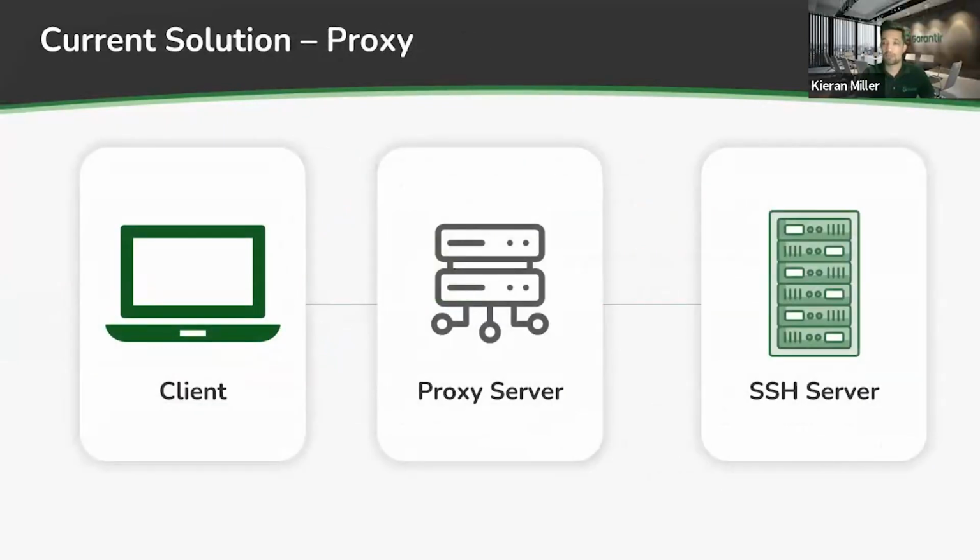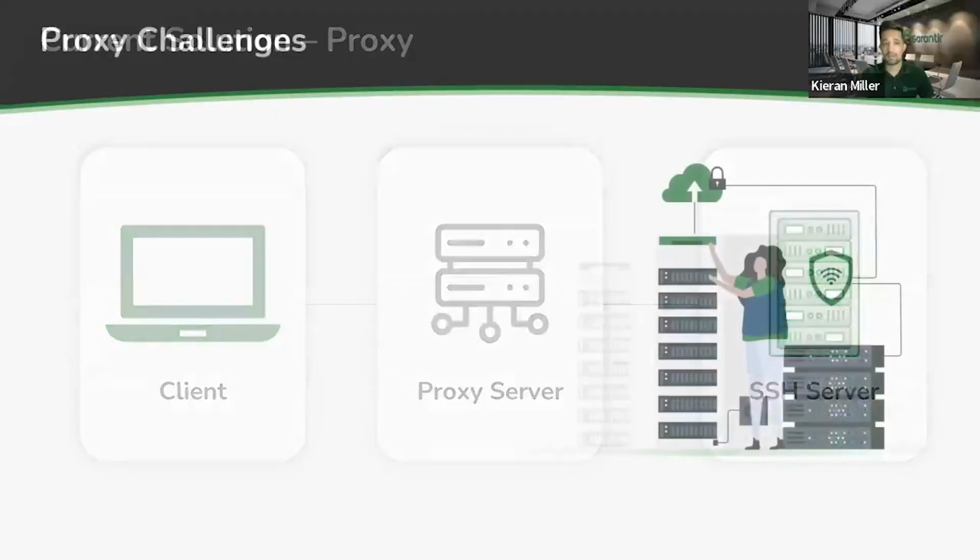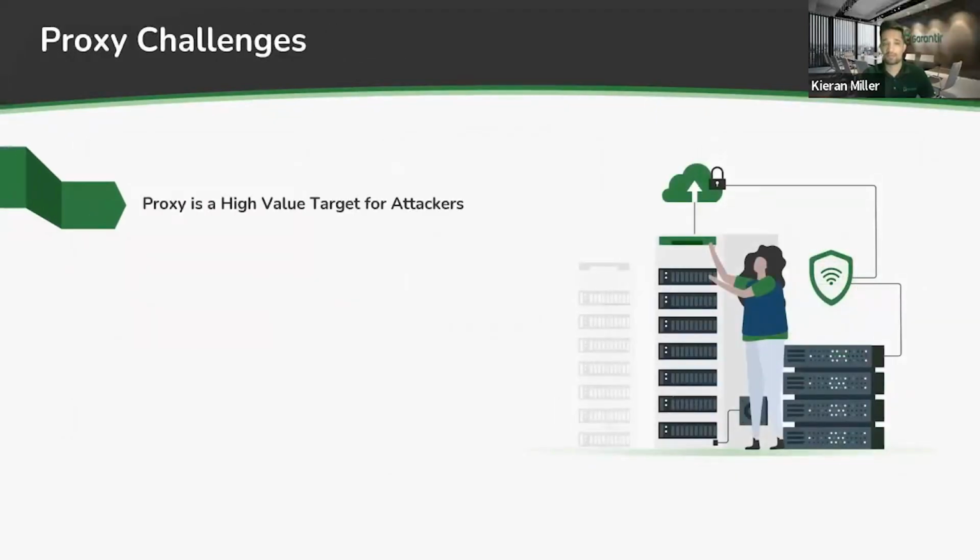And then the last solution is a proxy. This is where the client actually talks through some proxy, which then talks to the backend SSH server. There are a number of challenges that combine here. One is that the proxy is a high value target for attackers for obvious reasons. The second is that the proxy has a large attack surface.